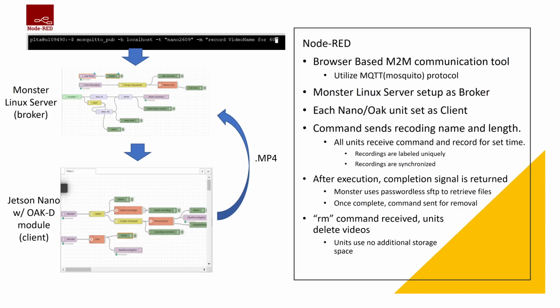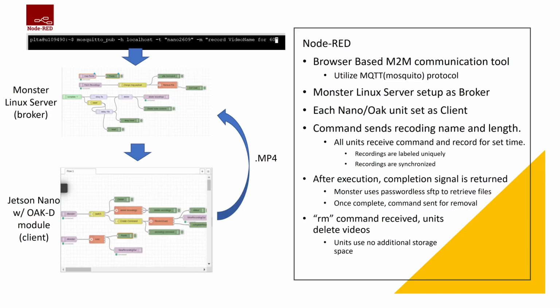We use this to send a message to all of the Jetson Nanos in 2609 to tell them to record a video for a set amount of time. We also set it up to collect that data using a passwordless SFTP protocol and then send a message back to delete the recorded data. So this saved us storage space and also kept all of our data in one place.